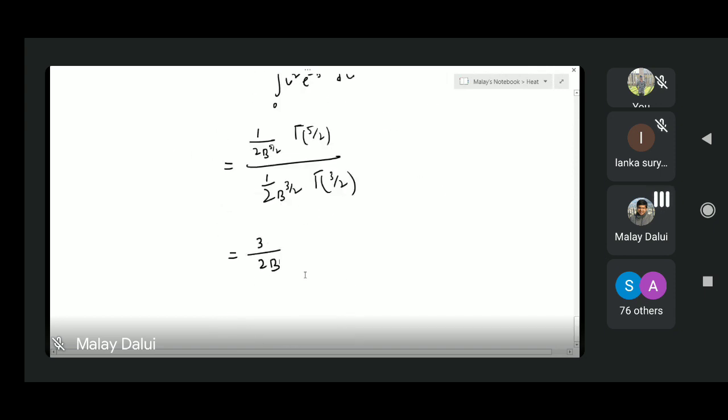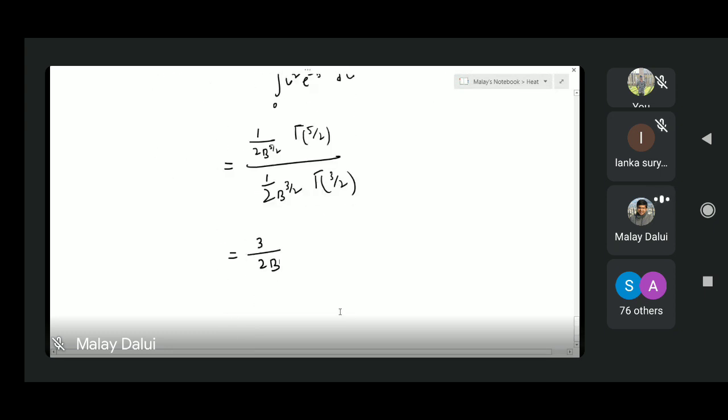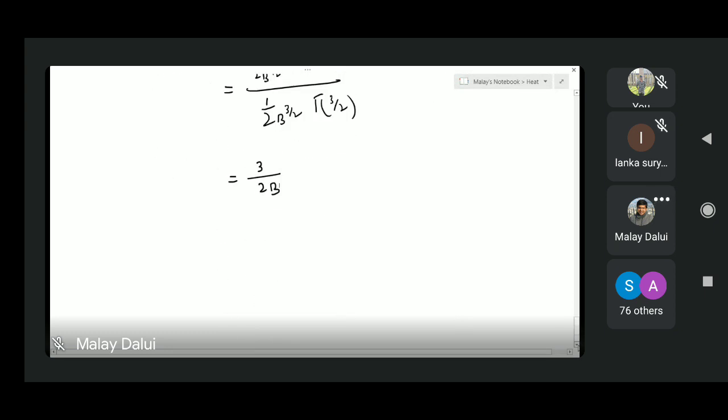Now we'll use another fact, the equipartition of energy, to express VRMS in terms of temperature. From the equipartition of energy, the average kinetic energy will be 3 times half kT. Here we assume no vibration, no rotation, only translation.